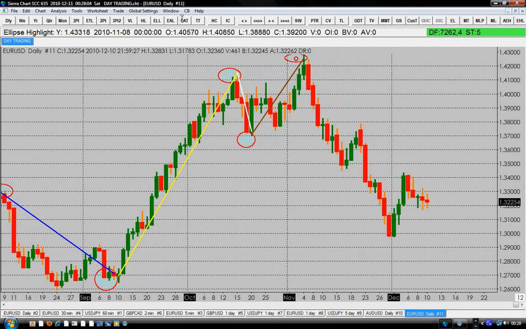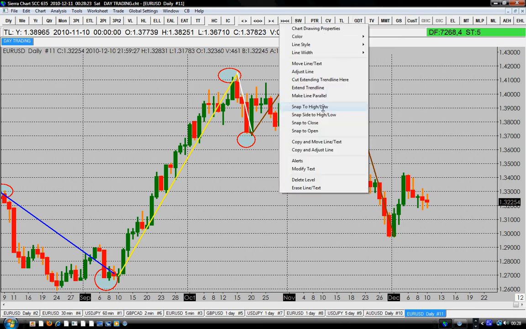Now, what do we have after the fifth wave? The ABC correction. So I'll draw the ABC correction for you. It's an excellent pattern: this is the A, B, and C. You understand now? So I'll color the ABC.